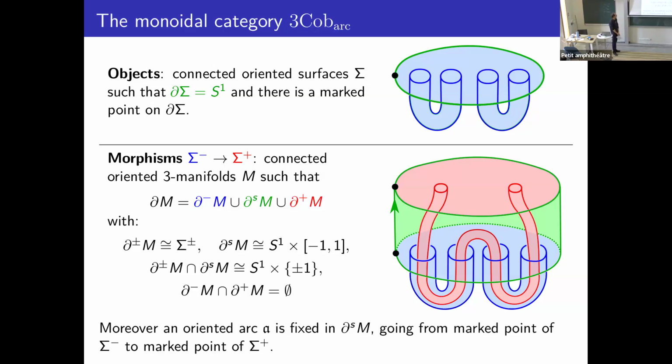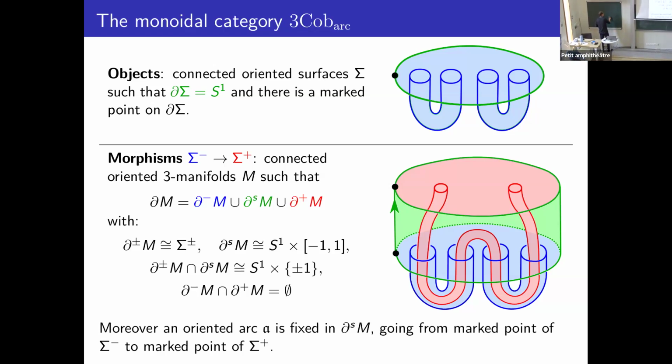Moreover, there is a technical condition which explains the name of the category. We fix an arc in the side boundary, which goes from one marked point to the other marked point.